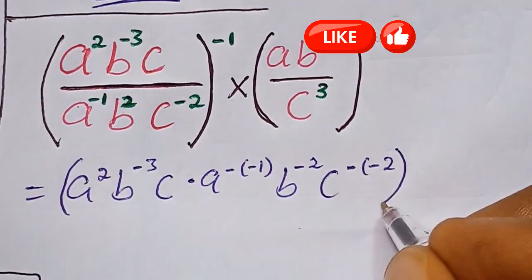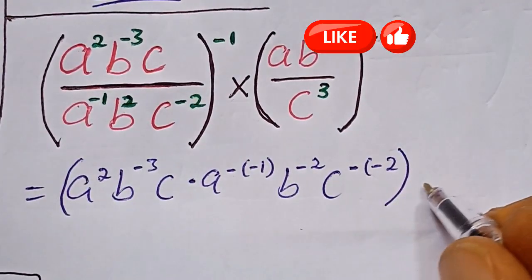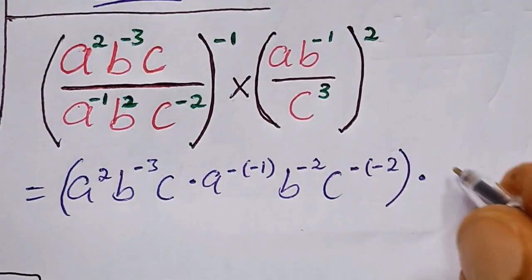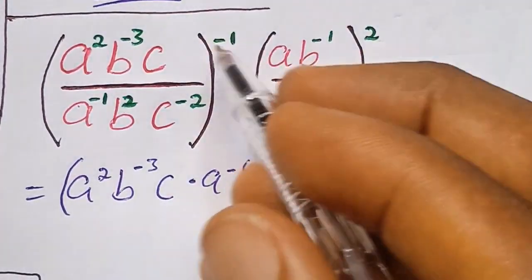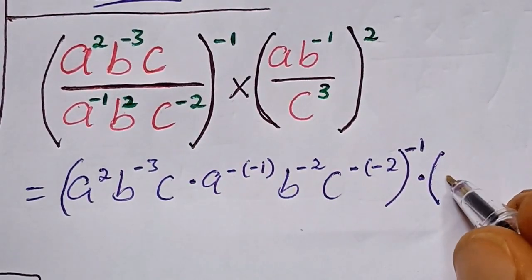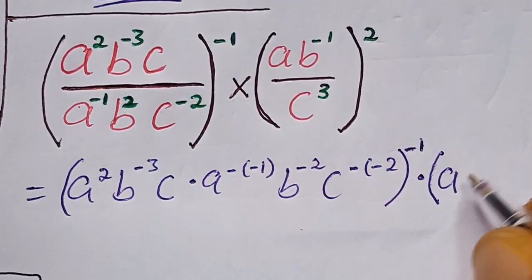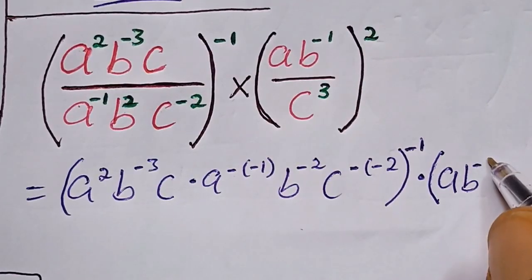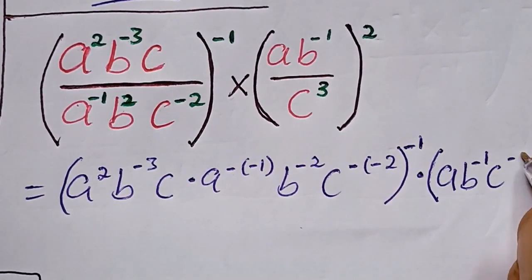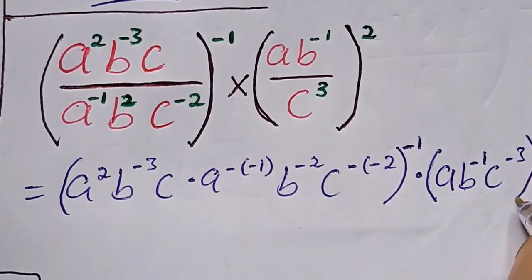We close the bracket for this, then we multiply it with this, and don't forget, we have raised to power minus 1 over here, and this becomes a, b raised to power minus 1, then c raised to power minus 3.